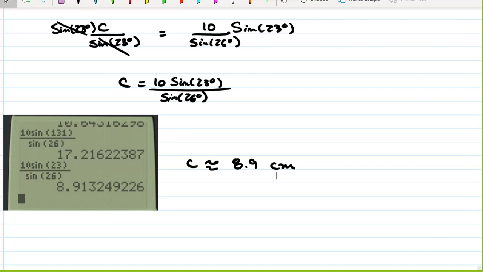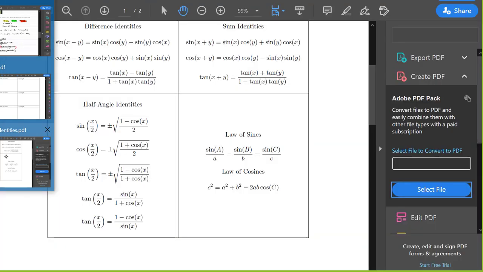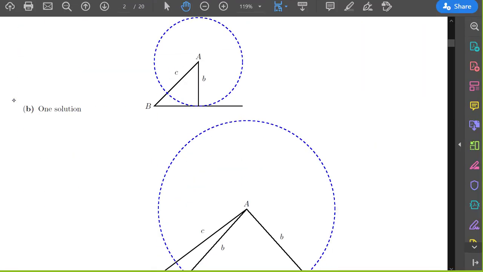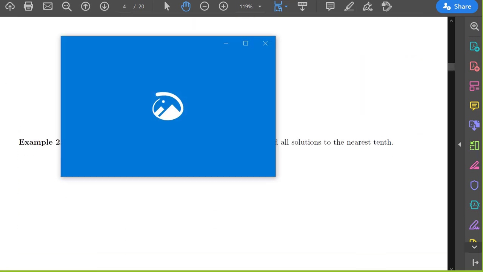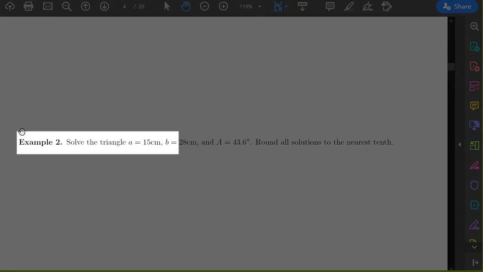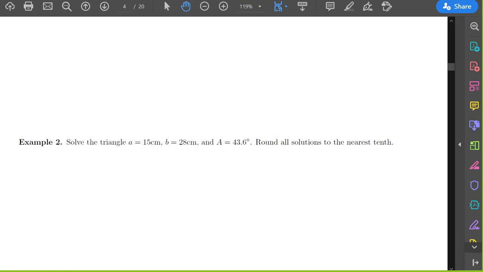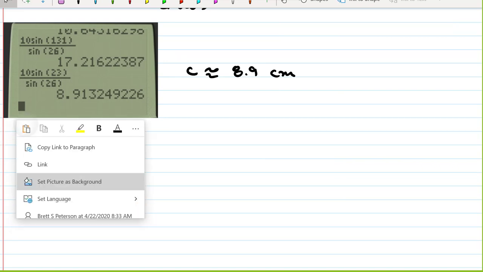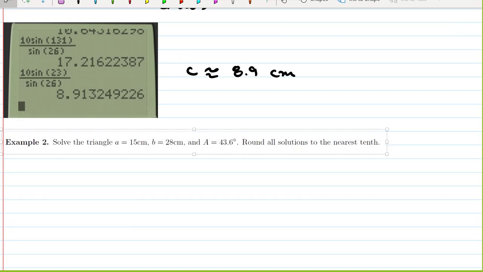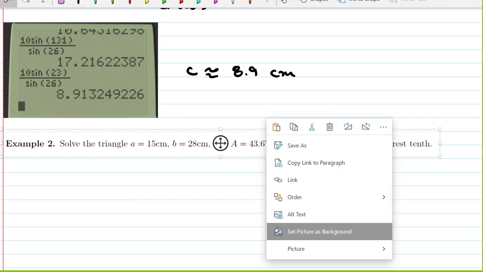All right, so let's jump to example number 2. We're going to start off the same way we did in the previous problem.